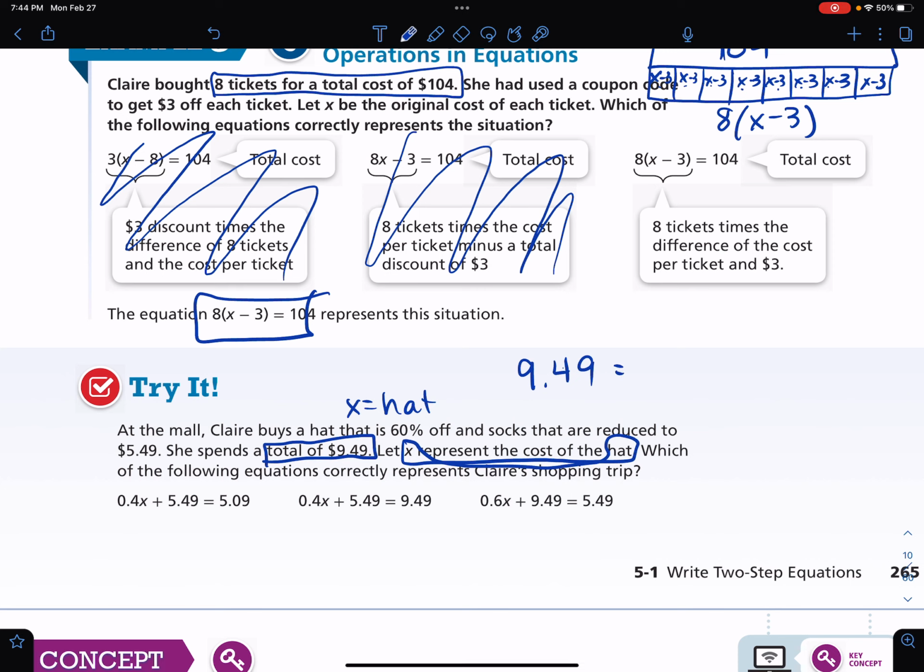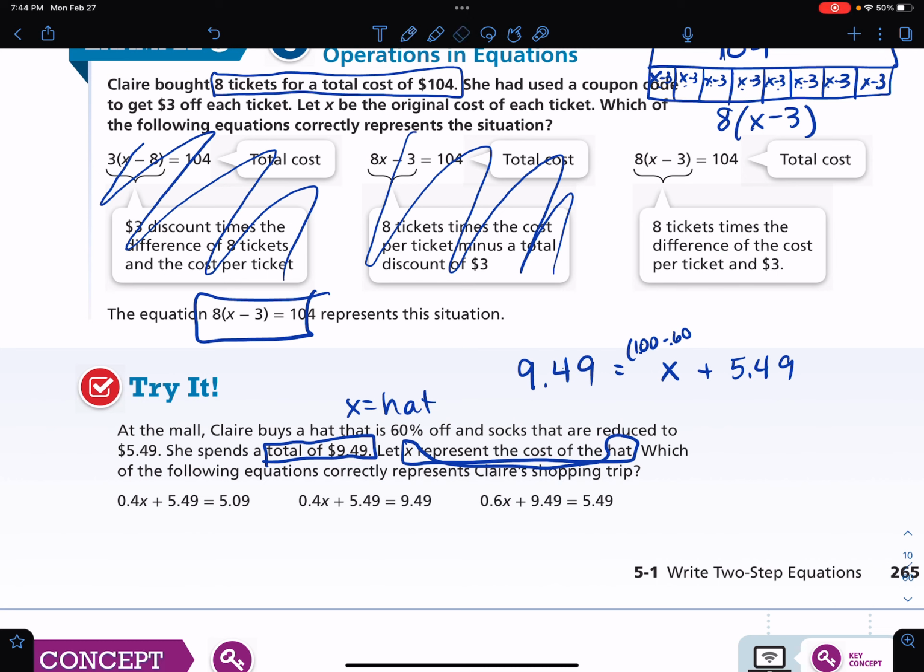I know that $9.49 comes from the hat plus the cost of the socks. But I did not pay full price for that hat. I paid 100% minus 60%. And remember, those are decimals.